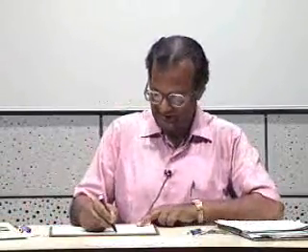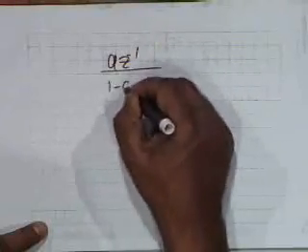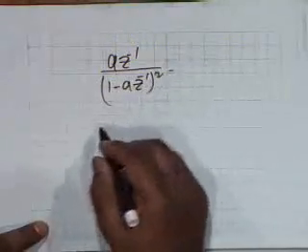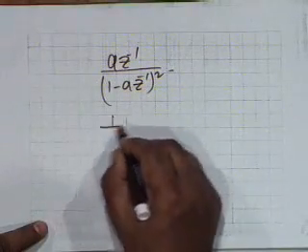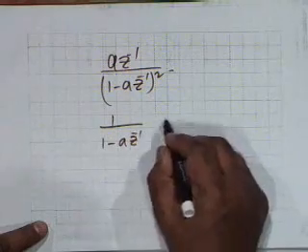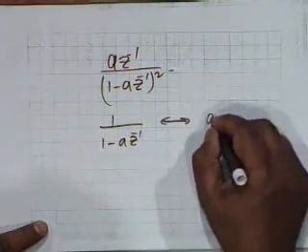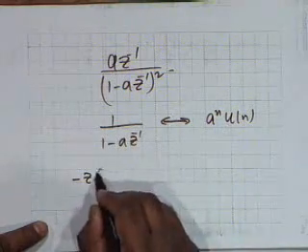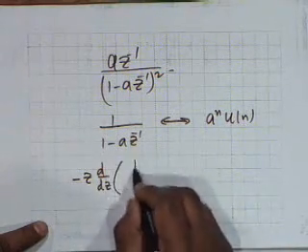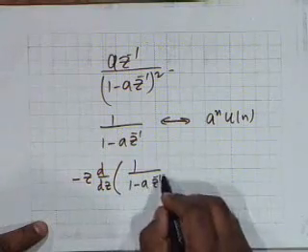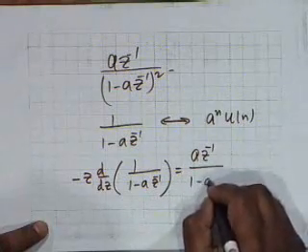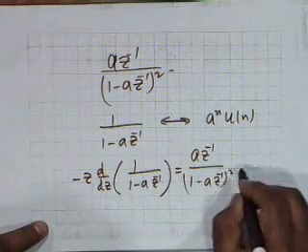Let's take another example. a Z inverse divided by 1 minus a Z inverse whole square. And this we proceed like this. We know 1 by 1 minus a Z inverse is the Z transform of a to the n u of n, and if I differentiate this, minus z d dz of 1 by 1 minus a z inverse is simply a z inverse divided by 1 minus a z inverse whole squared.